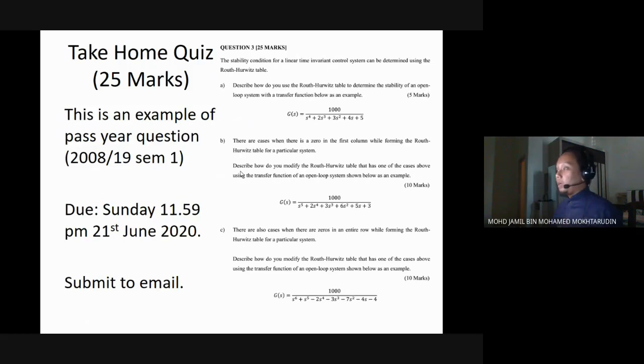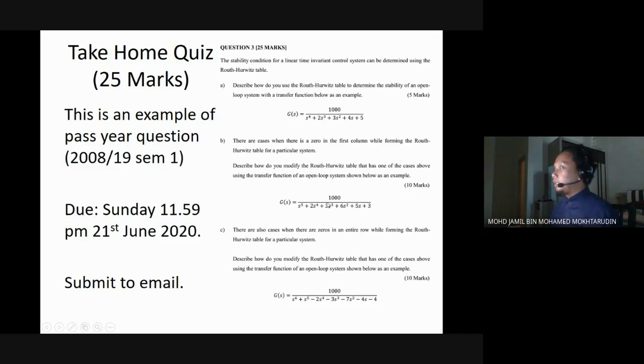For example, first determine the coefficients of the denominator, and second create the Routh Hurwitz table from S4 and S3 and fill the two rows. In 2018/2019, most of the students couldn't describe the method. What they did is they simply calculated without describing. The question asks you to describe, so if you simply calculate, you only get half marks.